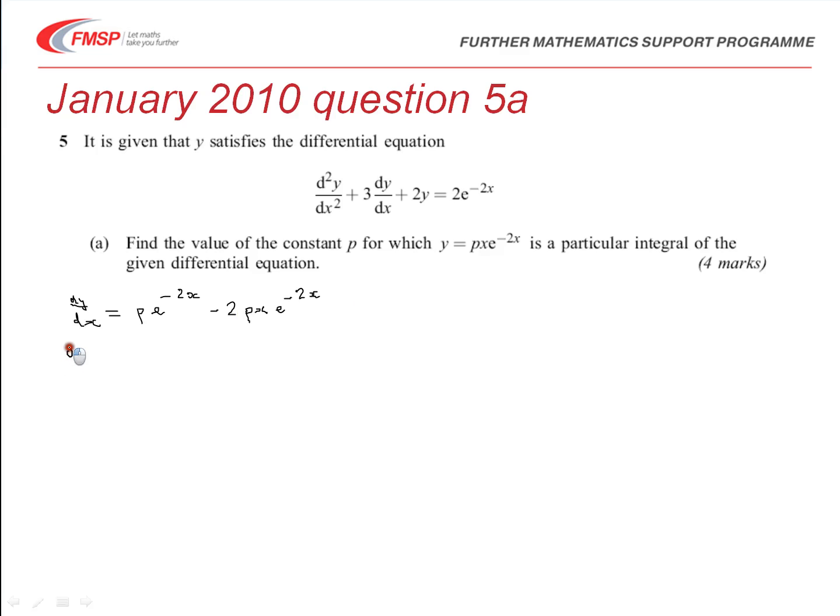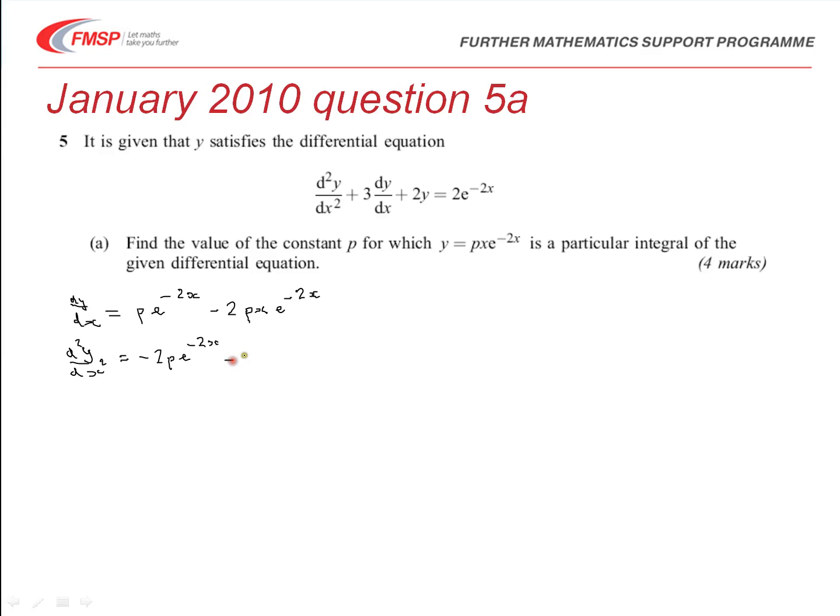Similarly, we then have to find the second differential in order that we can then substitute both of these into the original equation. So again, differentiating the p e to the minus 2x is going to give us minus 2p e to the minus 2x. And then again, we have a product for this second part.